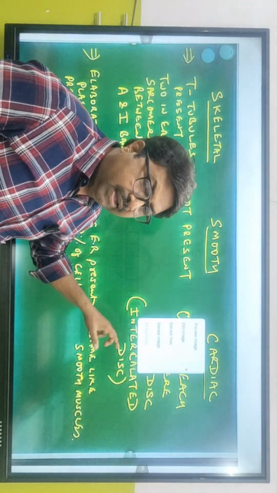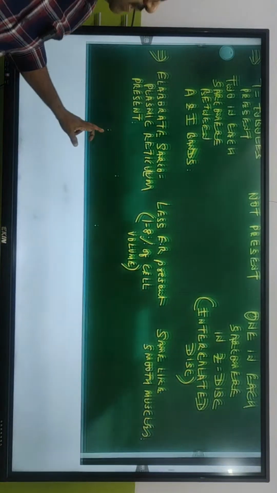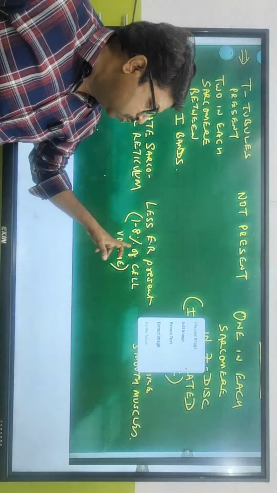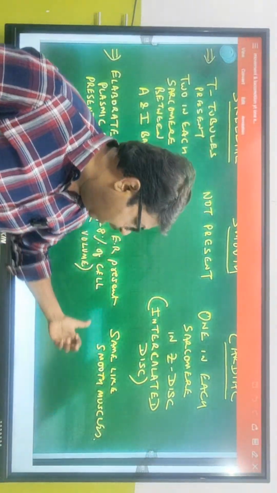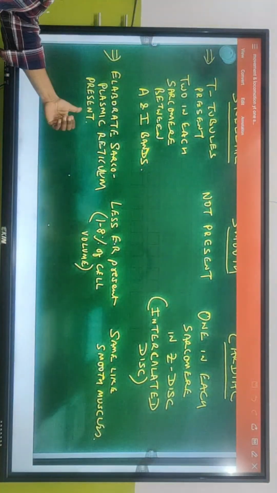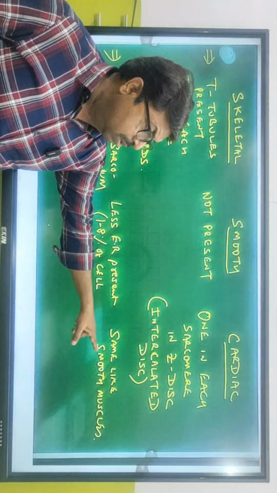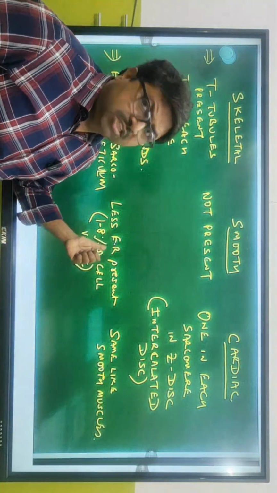Elaborate sarcoplasmic reticulum is present in skeletal muscle, while less ER is present, 1 to 8% of the cell volume, in cardiac muscles, same as smooth muscles. The elaborate sarcoplasmic reticulum is present over here, and here the sarcoplasmic reticulum is very little, in cardiac and in smooth muscles.